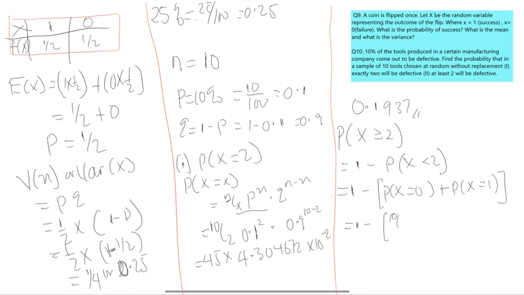So we have 10 combination 0 times p, which is 0.1 raised to x, which is 0, times our q, which is 0.9 raised to power 10, because 10 minus 0 is 10, right? So now plus 10 combination 1, 0.1 raised to power 1 times 0.9 raised to power 9. So now we're going to have 1 minus, where's my calculator?